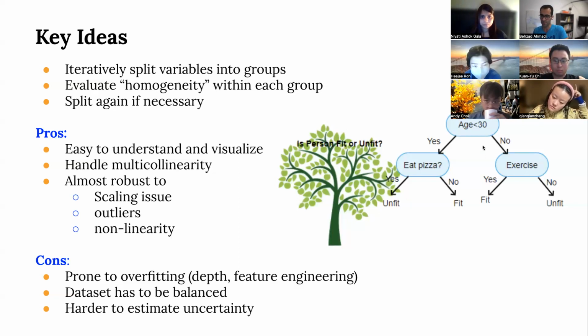So you prefer that after these questions, every person who is less than 30 and exercises, or most of the people, are fit. So as you get deeper and deeper into this tree, you get more homogeneity, meaning that you get more fit people in this branch, in this leaf, than less fit, or vice versa.